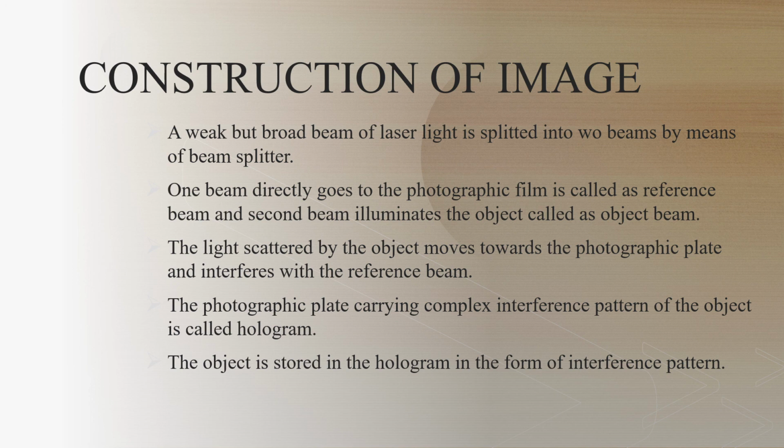The light scattered by the object moves towards the photographic plate and interferes with the reference beam. The photographic plate carrying the complex interference pattern of the object is called a hologram. The object is stored in the hologram in the form of an interference pattern.